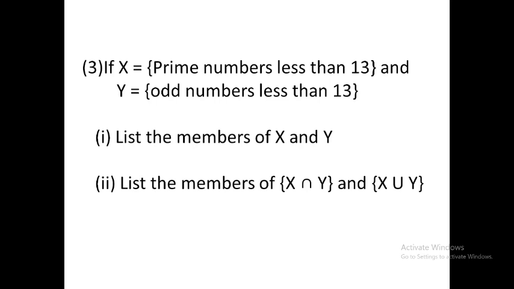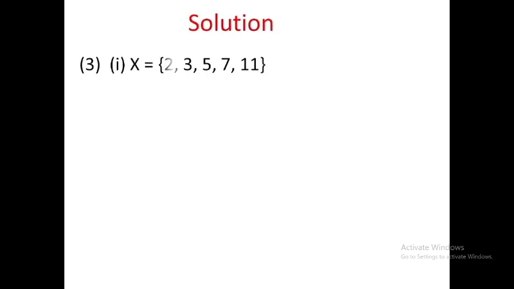So prime numbers are numbers that have only two factors, 1 and the number itself. And so let's look for prime numbers that are less than 13. It means it shouldn't get to 13. The very first one will be 2, like you can see on your screen, 3, 5, 7, and 11. These are the prime numbers less than 13.